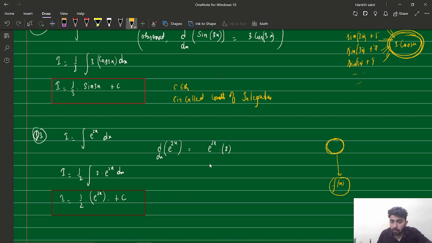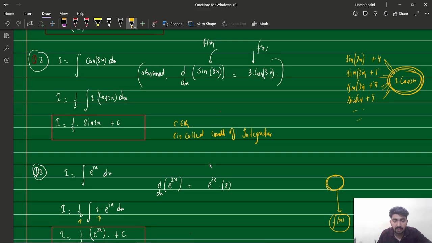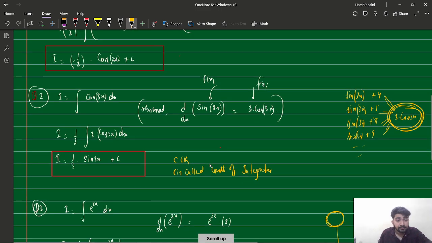You do some manipulation, because we can manipulate only the constant. See here, we manipulate the constant by multiplying and dividing by 2. Purposely we do this because the derivative of e raised to the power 2x is e raised to the power 2x into 2.